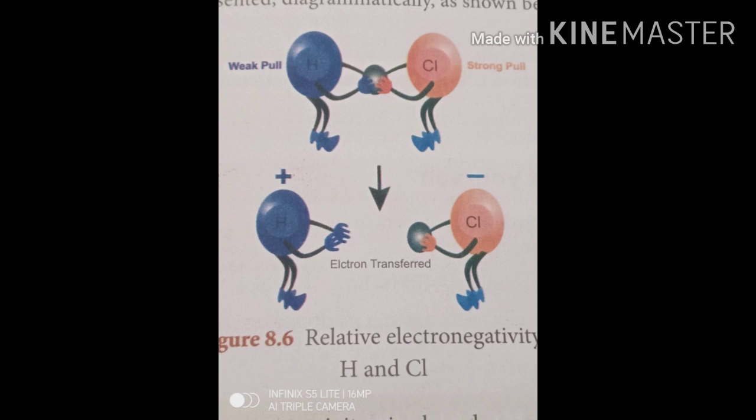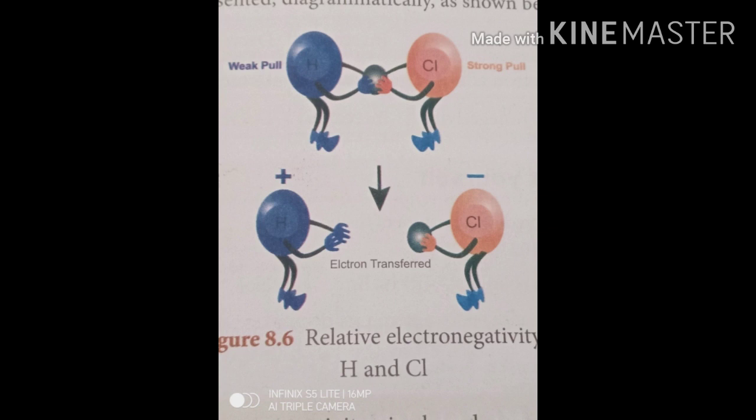So, in a period, we cannot easily remove the electrons from left to right, so the ionization energy increases along the period. But down the group it decreases because the electrons are loosely bound down the group.